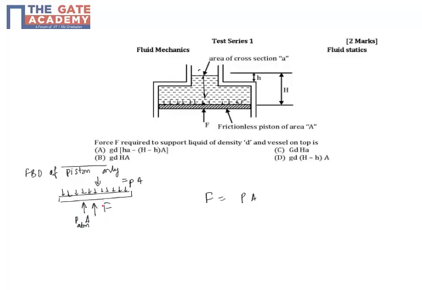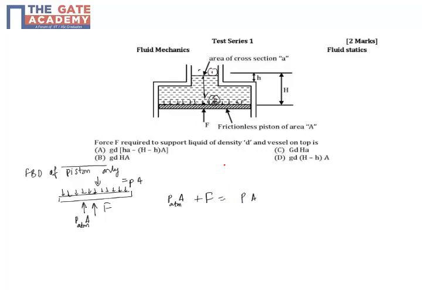At the bottom you have a force F which is externally applied as well as some atmospheric pressure into A, whereas here the pressure is P. So this equation will be F plus P atmospheric into A is equal to P into A, where P is the absolute pressure acting at point number 2. Remember this is point number 2 and this is point number 1.